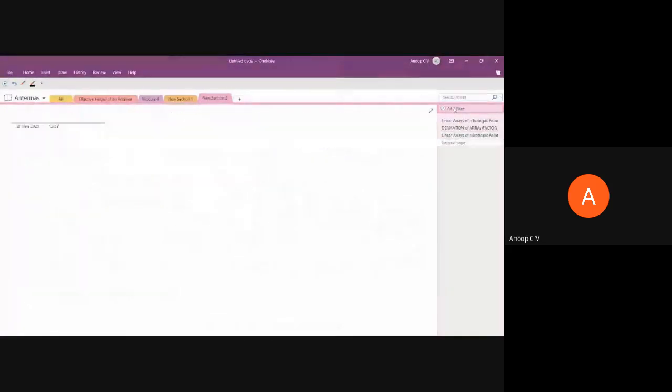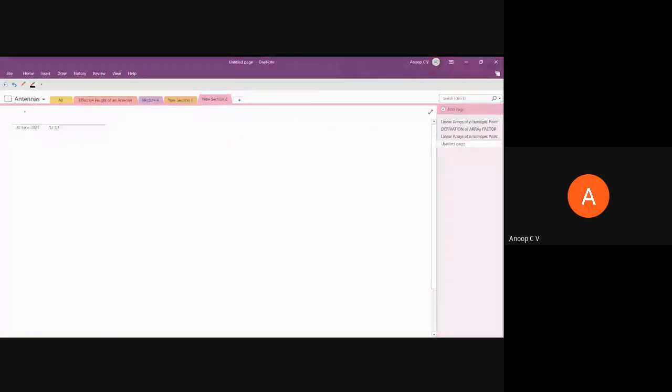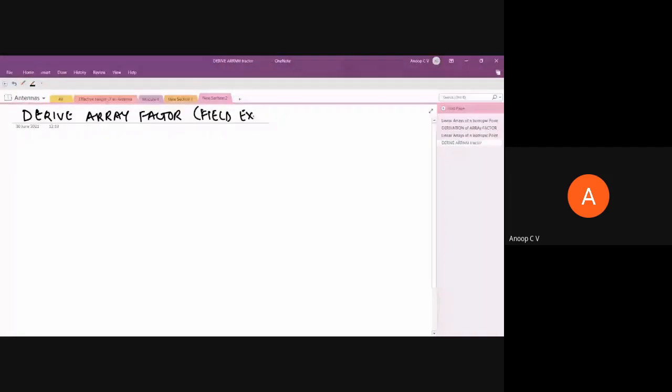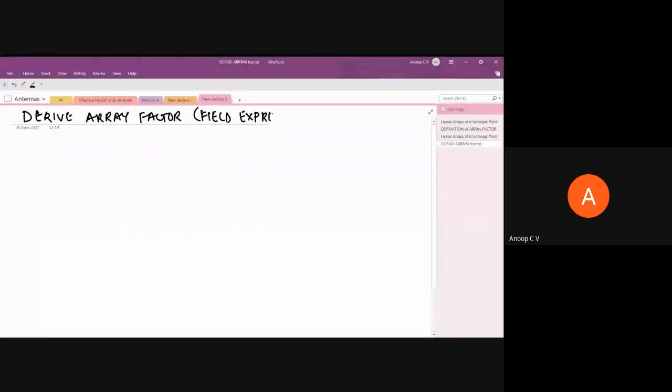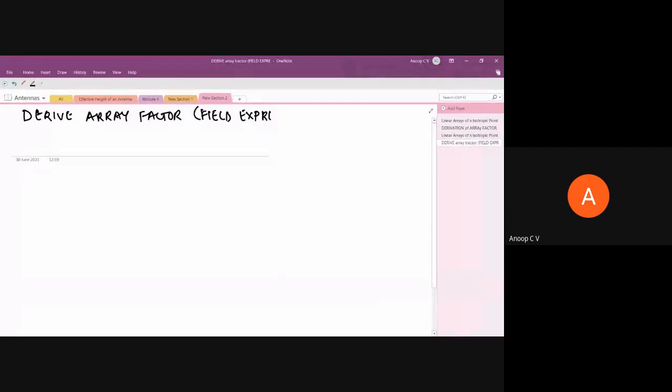We'll derive the array factor, right? For this case, we'll derive the array factor or field expression. You know what the array factor is, right? Array factor is nothing but the normalized field pattern. I think this much would be fine.